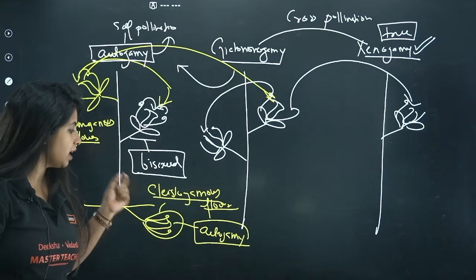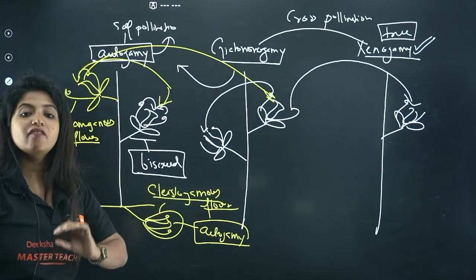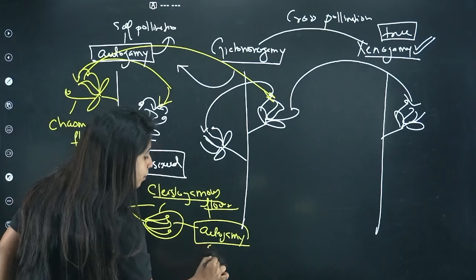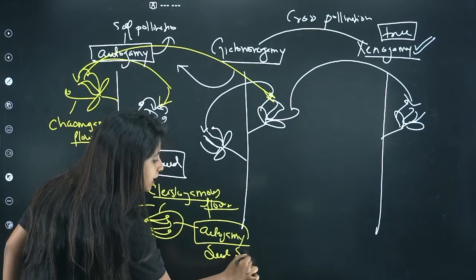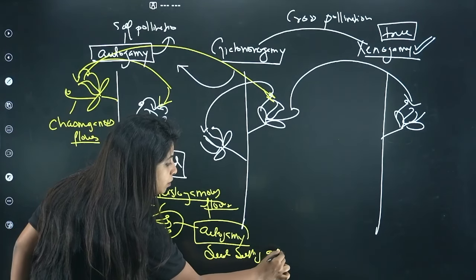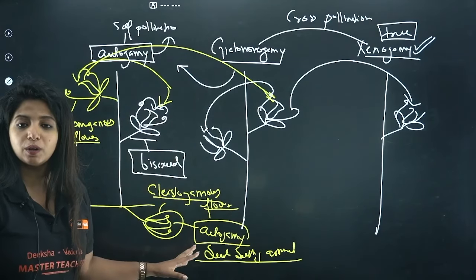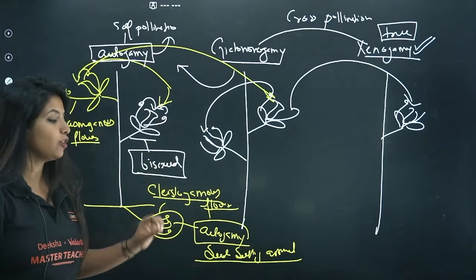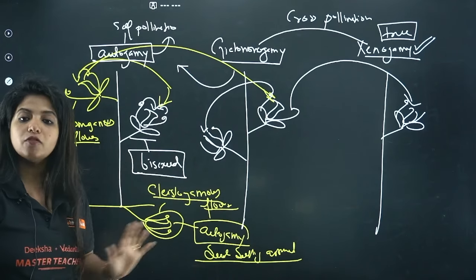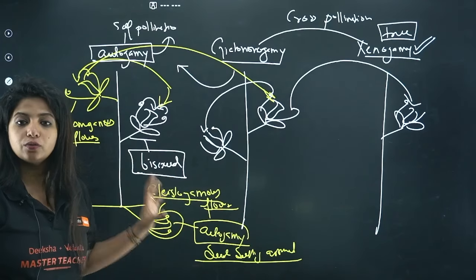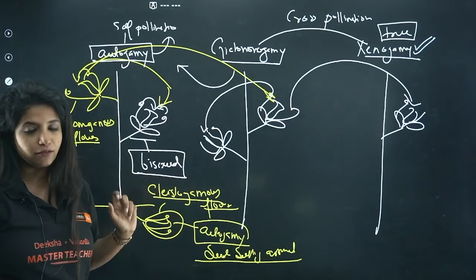And over here, there will definitely be seed forming. Seed setting is assured. Do you need any pollinators? No pollinators are required. You will find the same type of plants being formed. That is a good thing about clistogamous flowers.